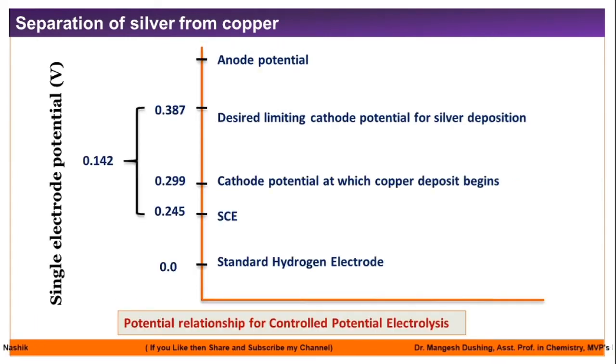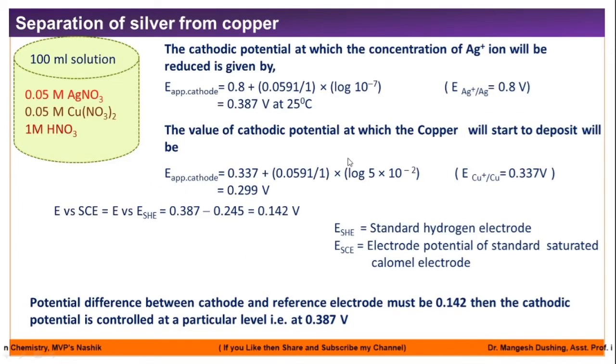See here, this one is single electrode potential in volt, with 0.0 for the standard hydrogen electrode. For the saturated calomel electrode, it is 0.245 volt. The cathode potential at which copper deposits becomes 0.299, as we just saw here.